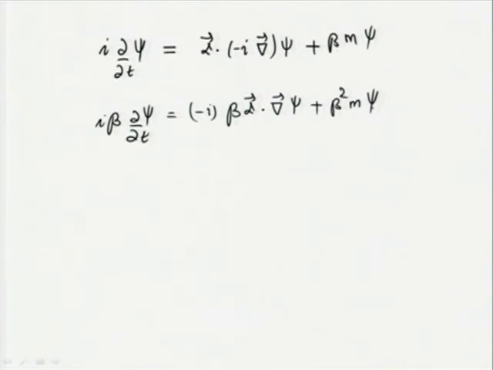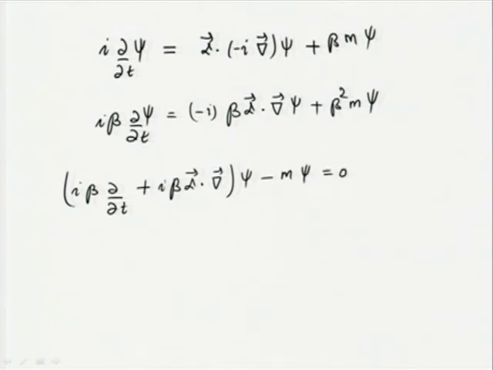Now, I can bring this to one side. So, I will have i beta dou by dou t plus i beta alpha dot del acting on psi minus m psi equal to 0.